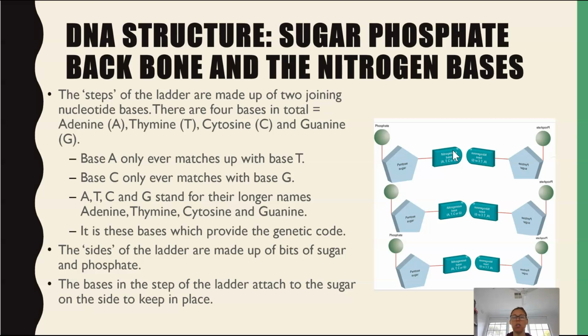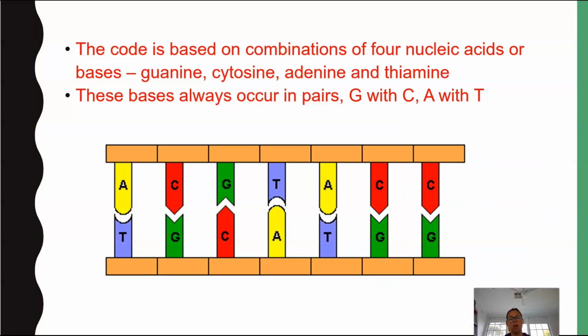So adenine is only suitable to pair with thymine. And it's these bases, these rungs of the ladder, which are unique to us, and they provide the genetic code which tells our body what to produce to make us who we are. The bases in the steps of the ladder are attached to the sugar on the backbone, which keeps things in place. So here you can see this a little more simply, where again we've got those 4 bases.